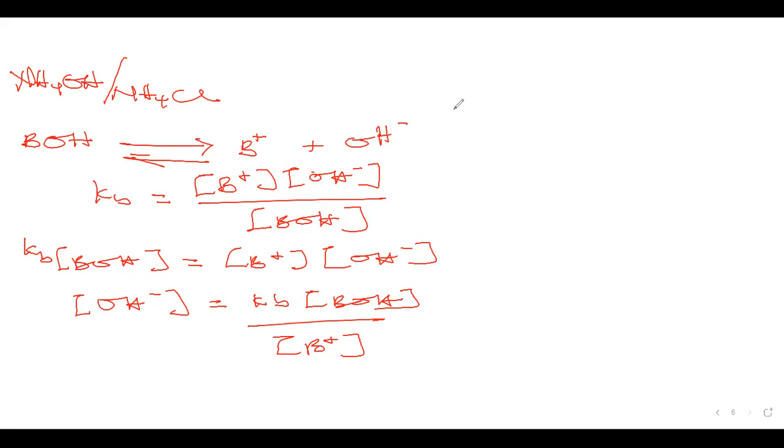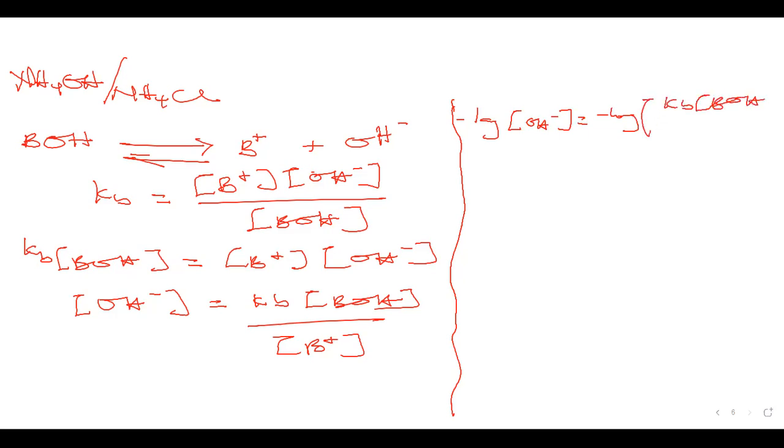Now, let's work something out here. From here, we can find our pOH. So my pOH is simply going to be the negative log of OH minus. I do the same for the other side too: I'll take the negative log of my Kb multiplied by BOH, all out of B plus.